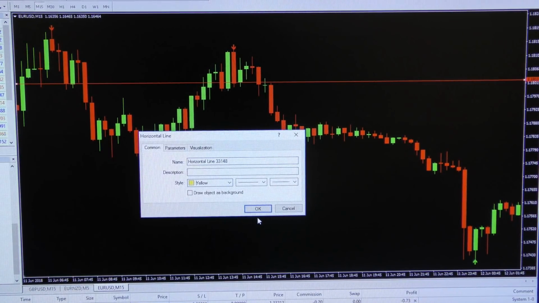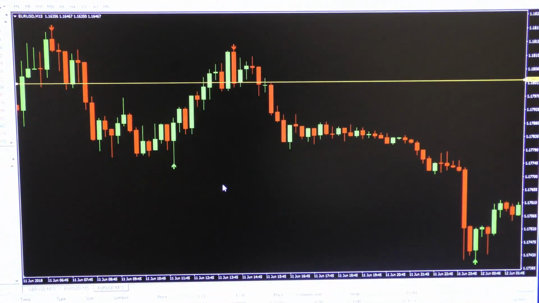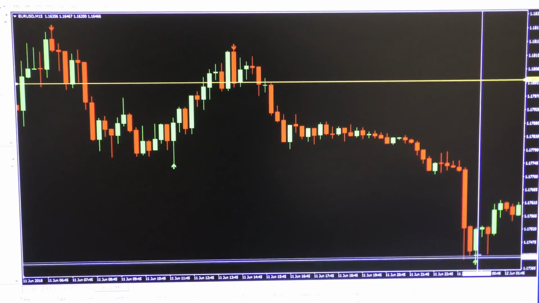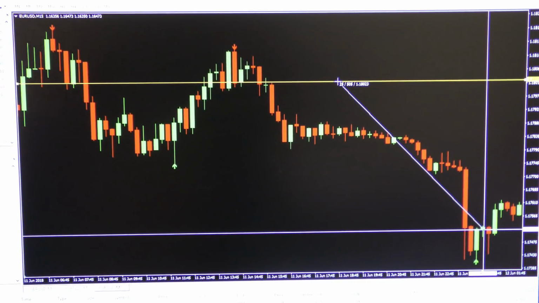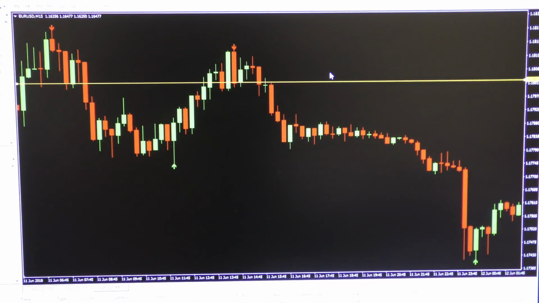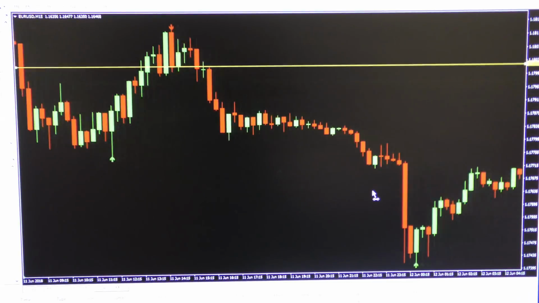Okay, and then your exit will be at the open of the new candle after the arrow. So this is going to be your exit. That means your profit was 50.5 pips. Let's say 50 pips. So plus 50 is equal to 87 pips. So you got 87 pips profit.